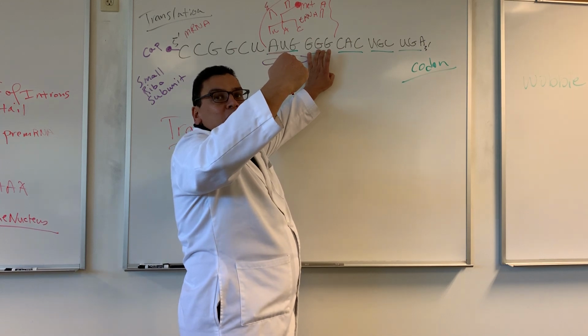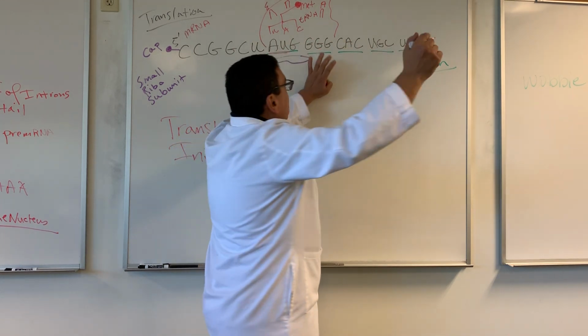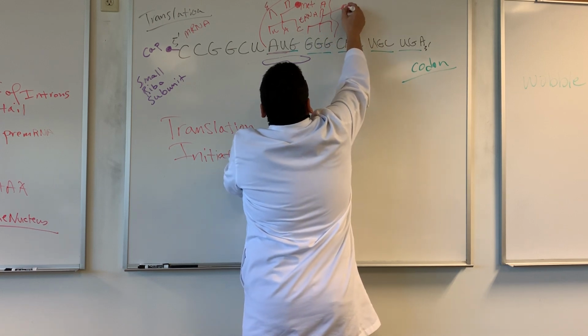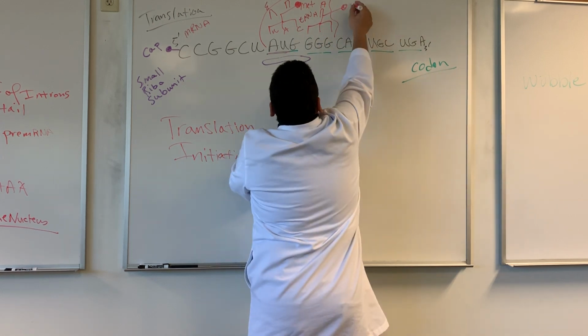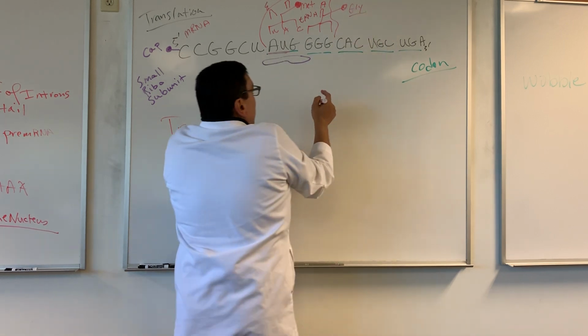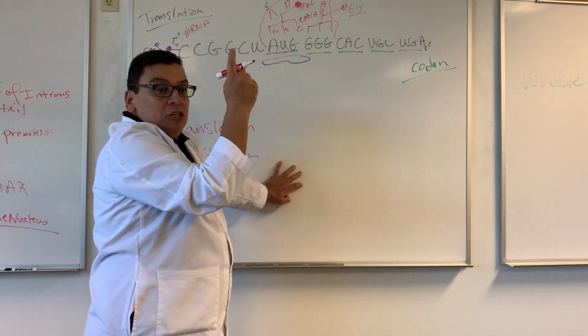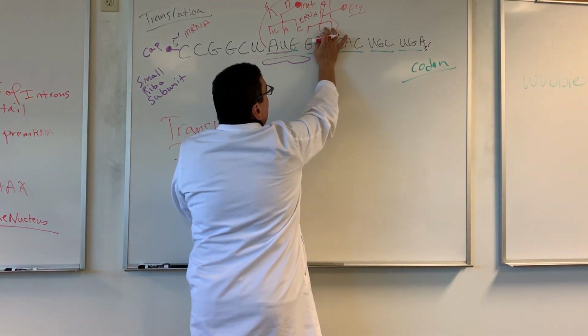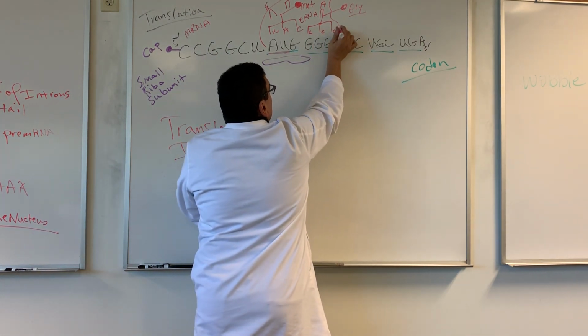What's complementary to GGG? CCC, come over here. And this tRNA will be carrying glycine. By the way, when you go use that table that I just showed you, you're always using the codons. Do not use the anticodons. I'm just showing you what's happening.